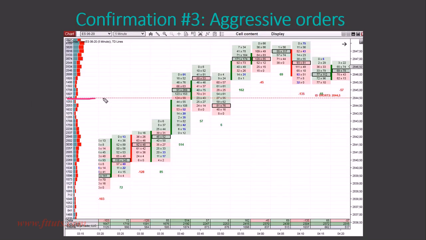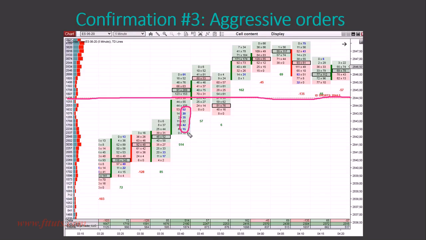This is a short level which I had yesterday, or actually today, but early in the morning. So I wasn't trading it, but this is what the footprint looks like. There were aggressive buyers in here right before the price hit this resistance.